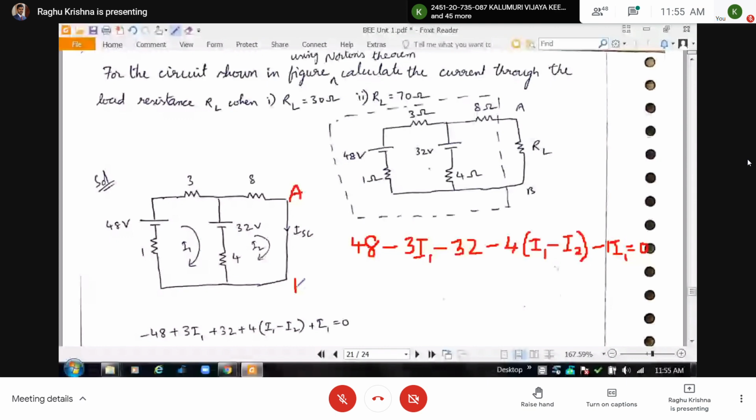For that, I have to use KVL. So here I applied KVL for this first loop. This is the equation. Next, I am going to apply the KVL for the second loop.